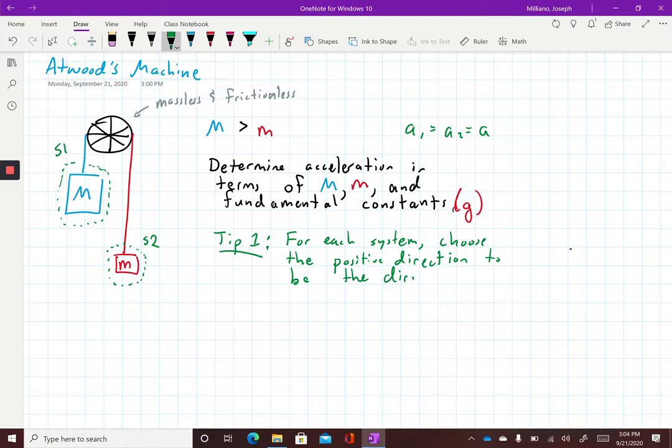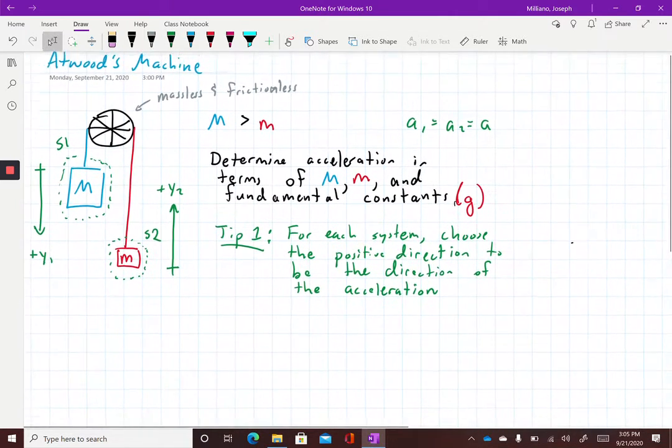That's not necessarily the same as the direction of the velocity, though it will be in this case, because we're going to say they start from rest. What does that mean in practice? It means that for system 1, the positive direction should be downwards, because this heavier block will accelerate downwards. For block 2, the lighter one, it will accelerate upwards. So the positive y direction for system 2 should be upwards.